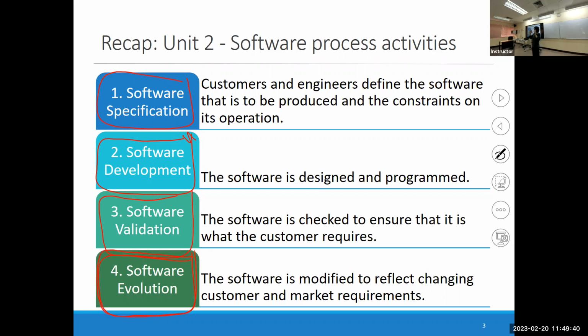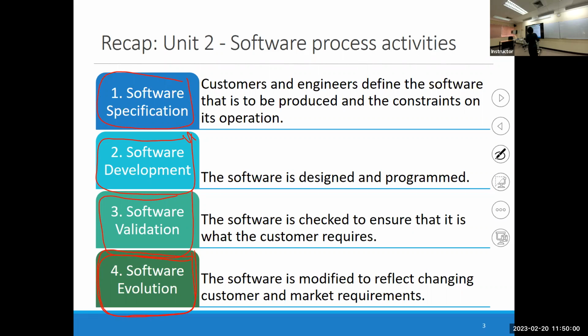Once you develop and verify it's the right one, your software may need to evolve. It is not just that you stop there. You make changes further. Users may want more and more.